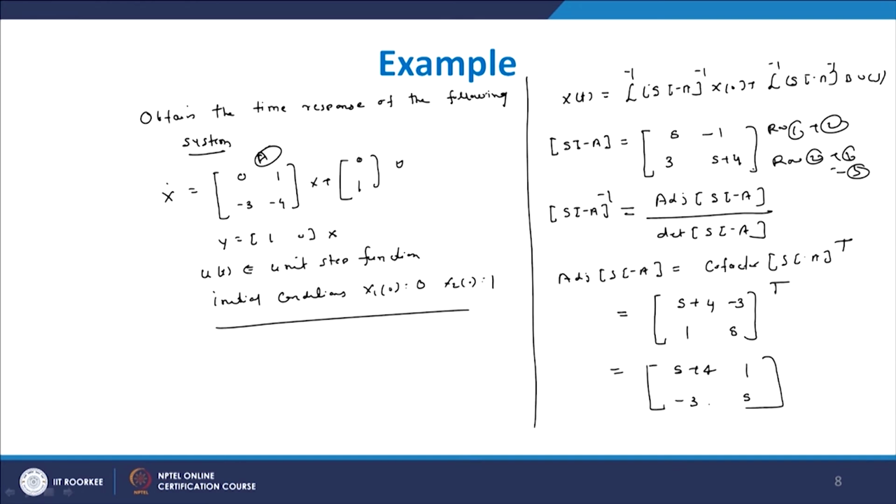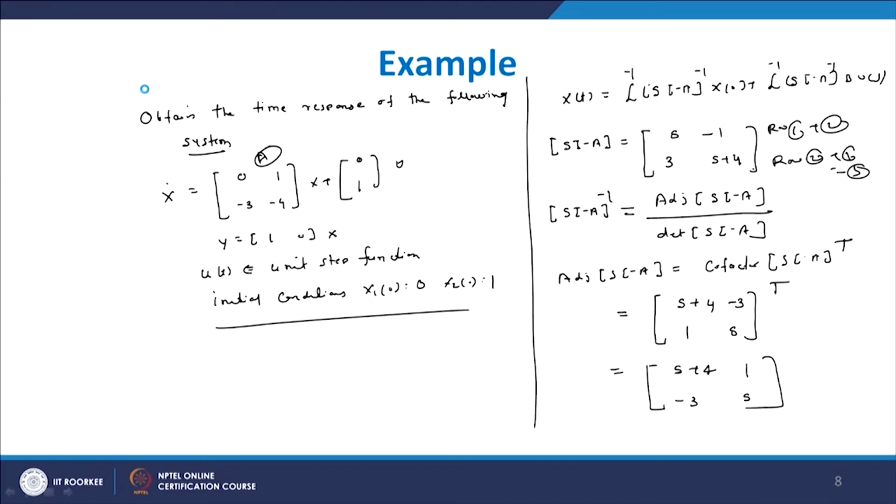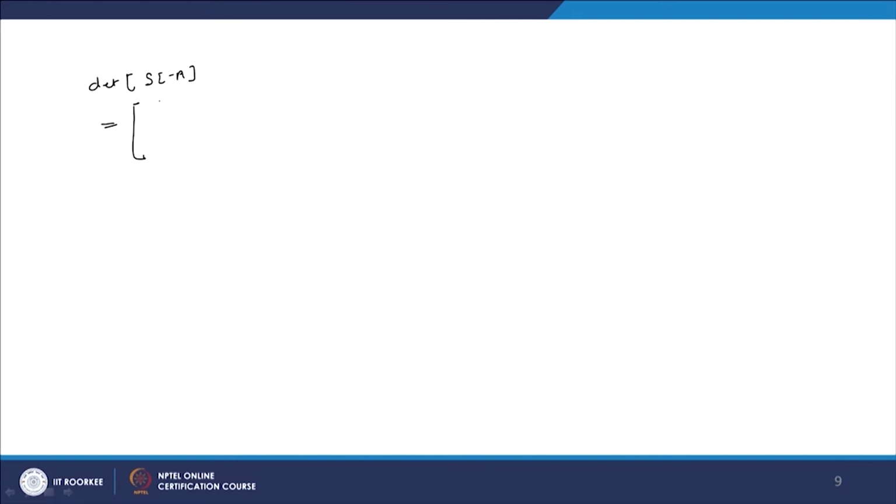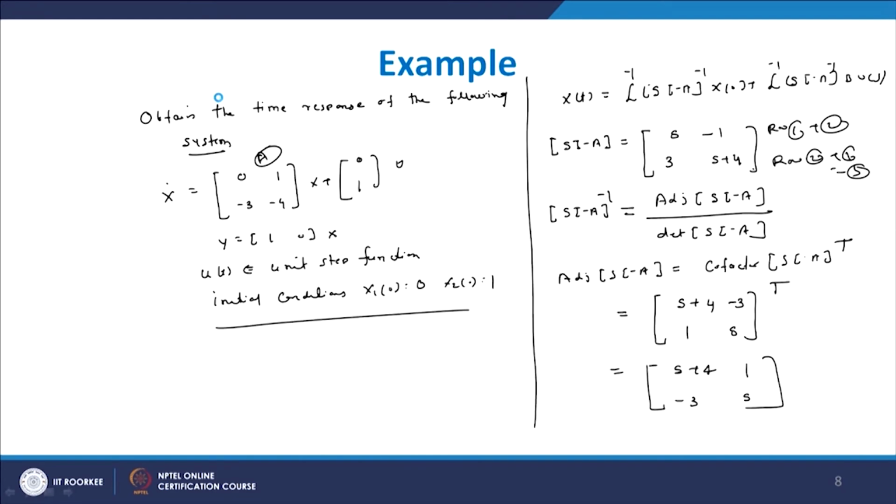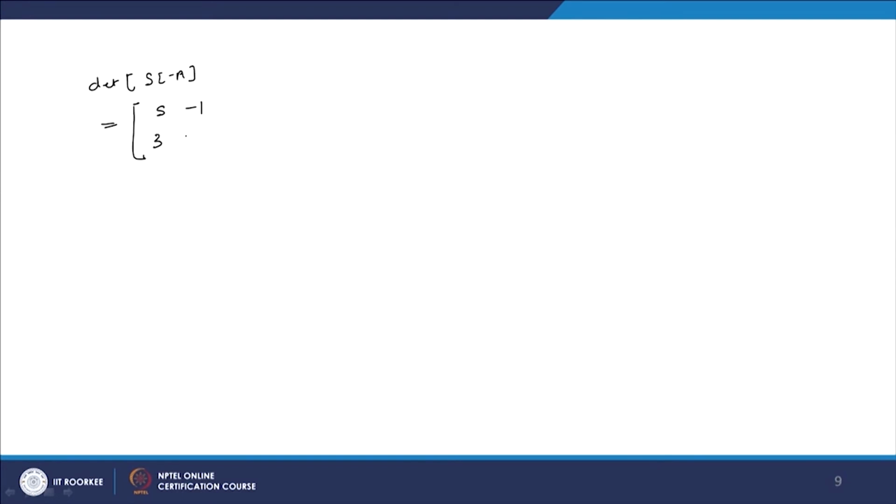Now, coming to the determinant of sI minus A: s, minus 1, 3, s plus 4. The determinant of sI minus A equals s square plus 4s plus 3.